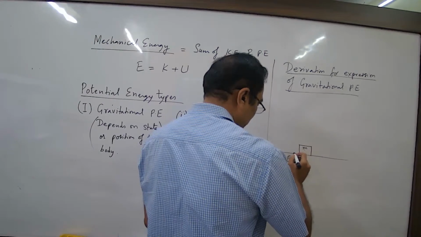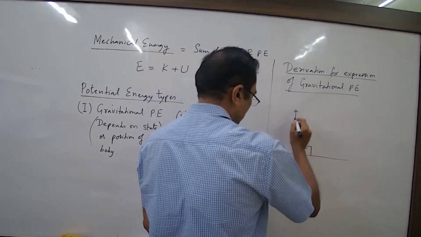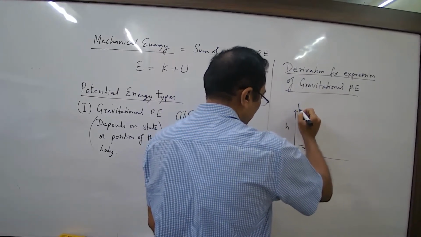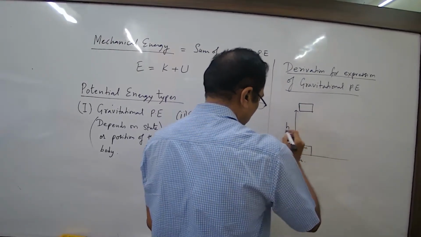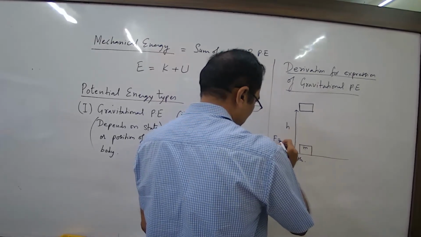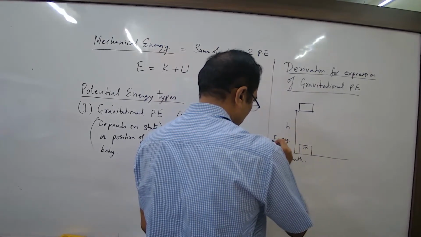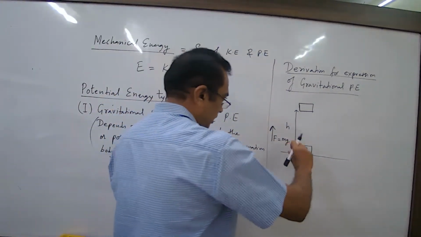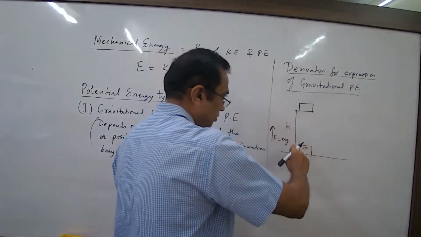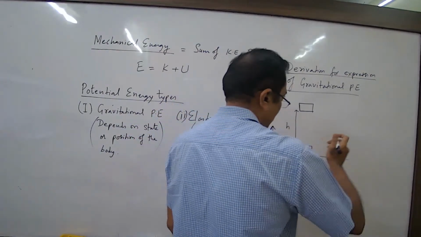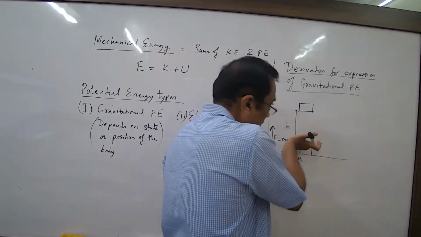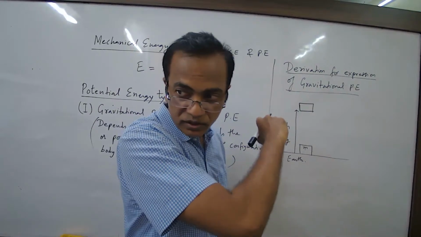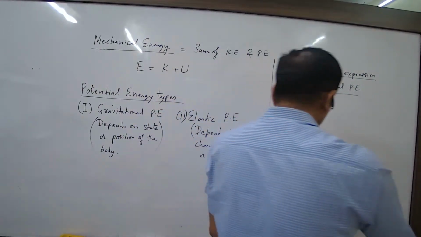Now this body is lifted to a height h. How much force must you have applied on the body? At least equal to its weight. And it is raised to a height h. So this work done on the body will be stored as its potential energy.